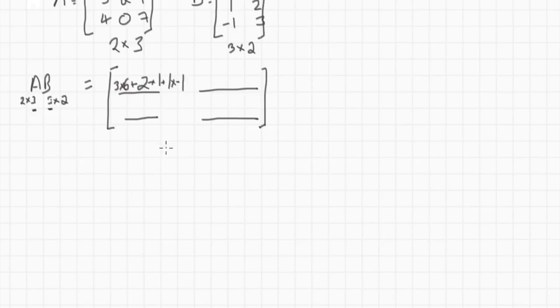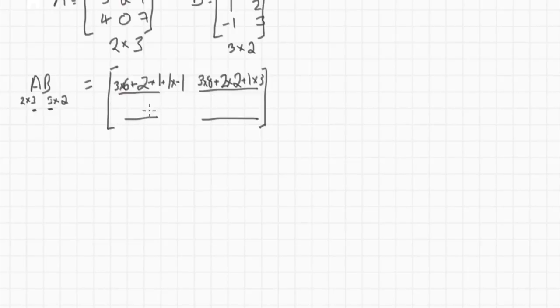Okay, and I'll simplify this all in a second. This entry right here is in the first row and the second column. So I'm going to get it by multiplying the first row by the second column. So I'm going to do 3 8s plus 2 2s plus 1 times 3.